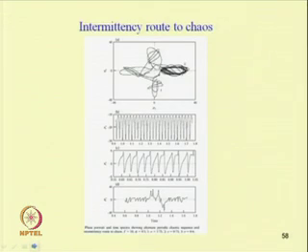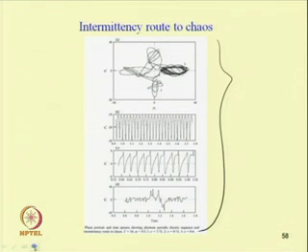Some other intermittency routes to chaos are also observed in this type of system. In this case we have seen that due to the presence of internal resonance and external resonance in this parametrically excited system, though the system looks very simple, it shows many complicated phenomena like chaotic response, fixed point response, and periodic response.